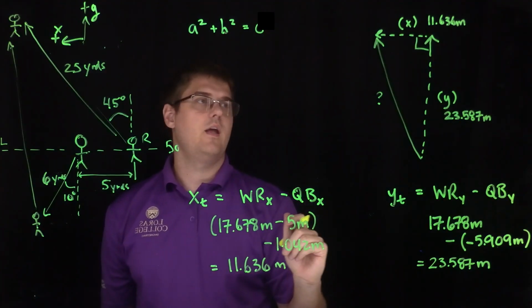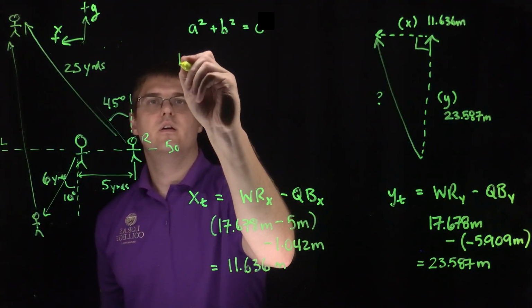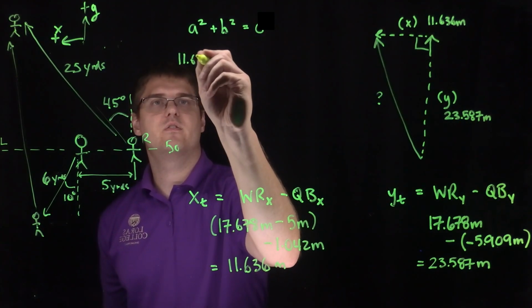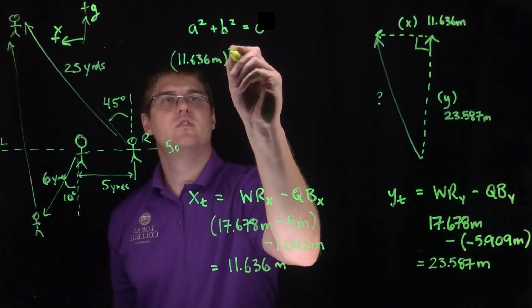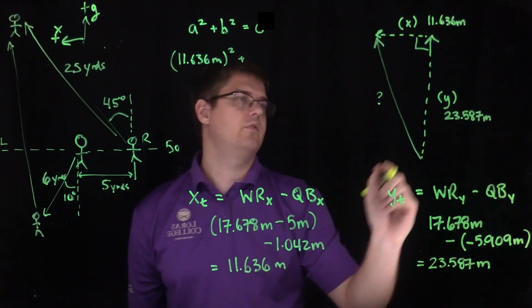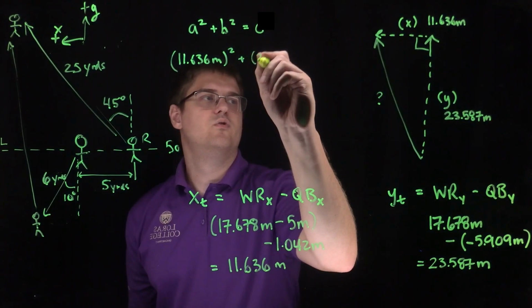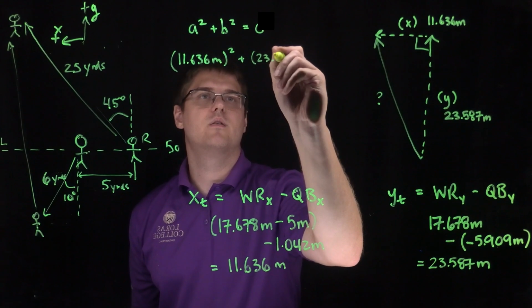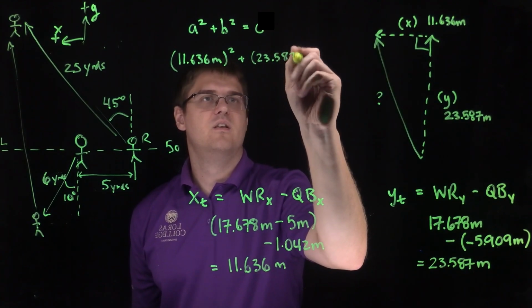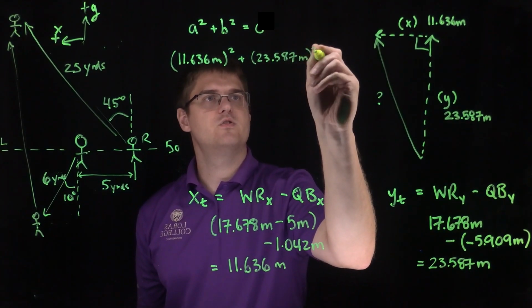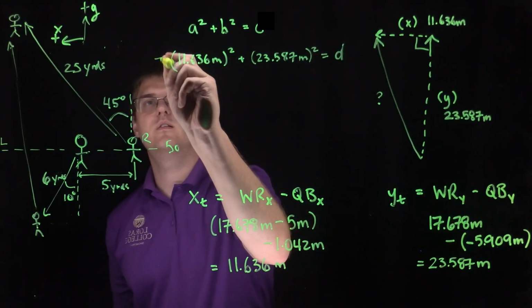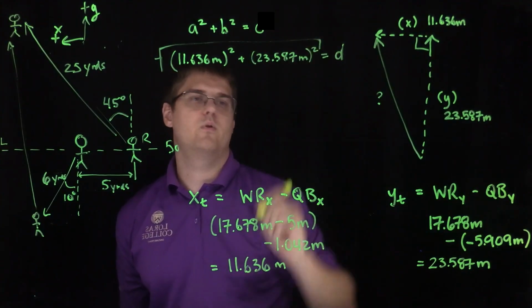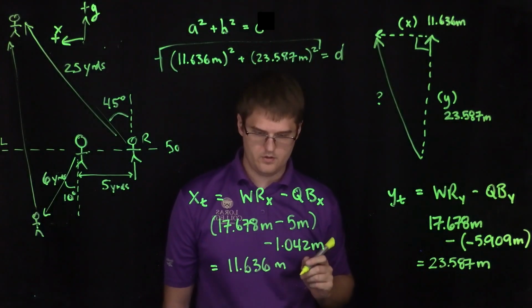A squared, so we've got 11.636 meters squared plus 23.587 meters squared is going to be equal to my distance squared, or my distance is the square root of all of that.